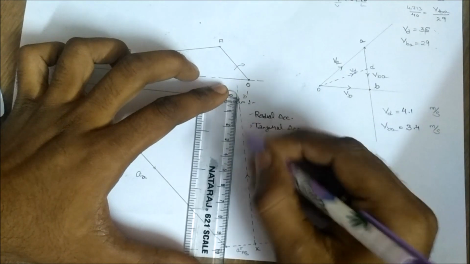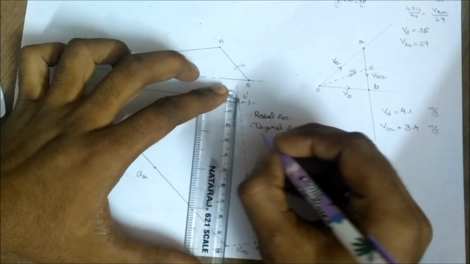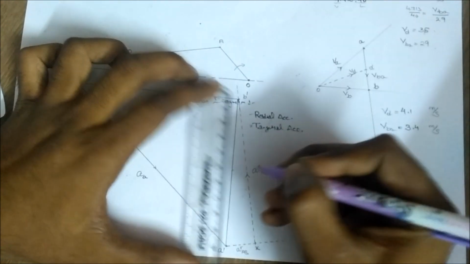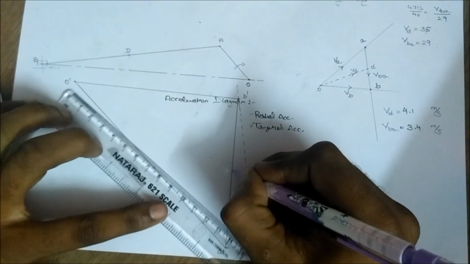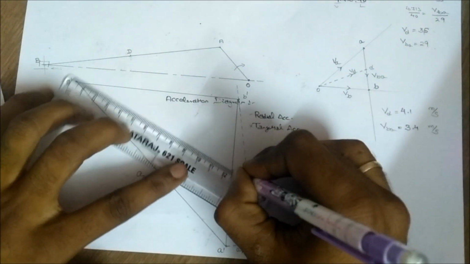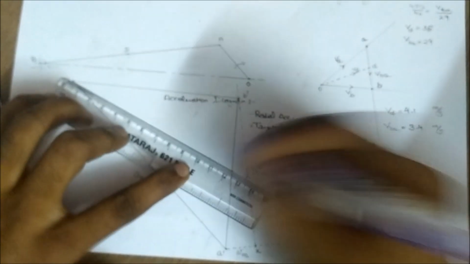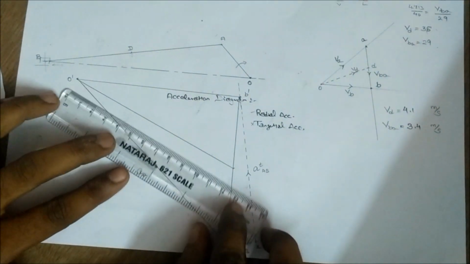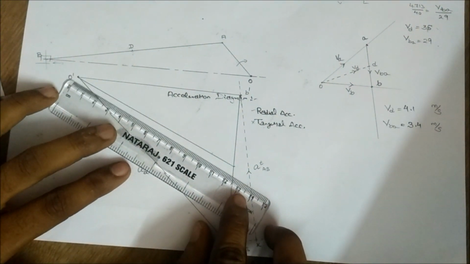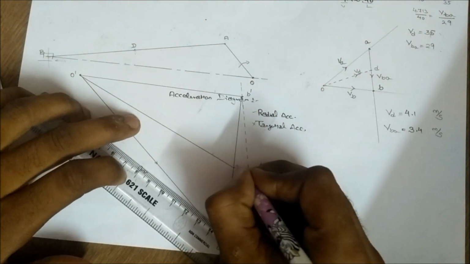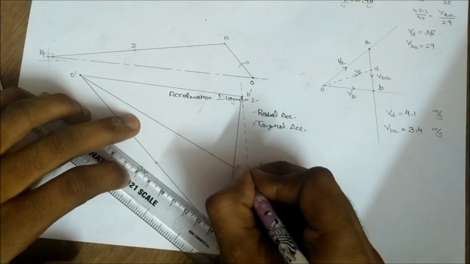Since it is 98 mm, at 49 mm I am going to mark the point. Then I am going to connect it with the point O. By calculating this length I will get the acceleration of the point D.